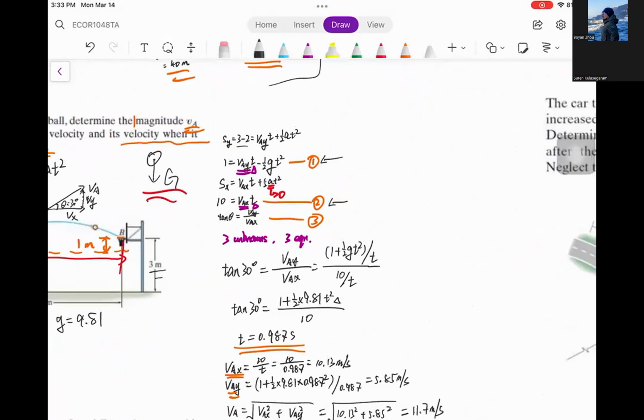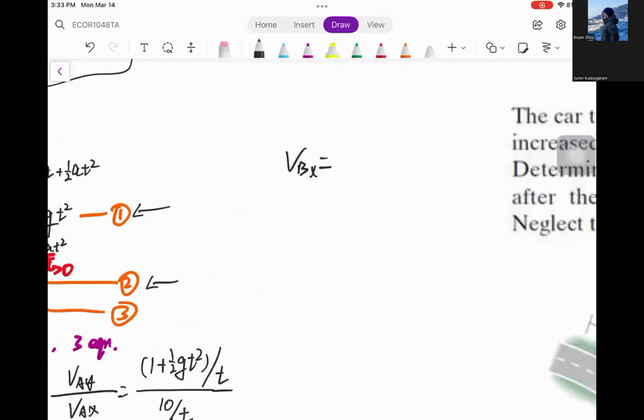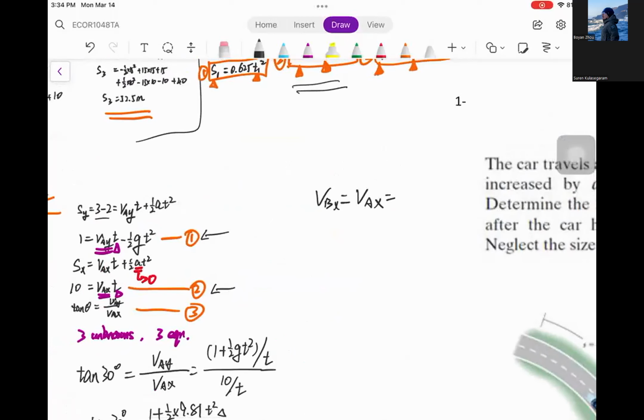So the velocity at point B in the horizontal direction is just going to be equal to VAX, because remember, in the horizontal direction we don't have any acceleration, we don't have any force. So the horizontal velocity is going to be constant, it's not going to change. And that is equal to 10.13 meters per second. But in the vertical direction, the speed is going to change.